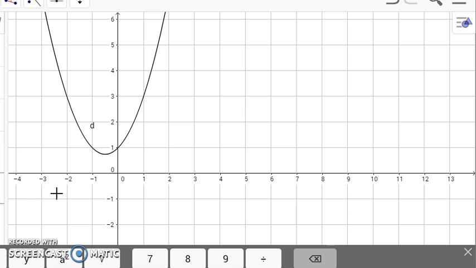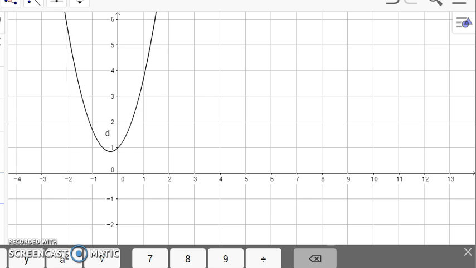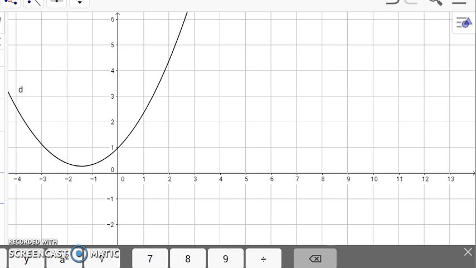Okay, here is the graph of a quadratic function. It looks like this. It is always a parabola. It depends on the a. The a will give you the idea: if a is positive, then it will look like this, the parabola.